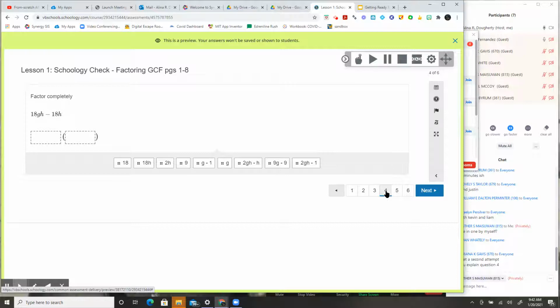What's 18gh divided by 18h? 1g. And then minus what? 18h divided by 18h is, anything divided by itself is 1 for sure. So you're going to have 18h on the outside of the parentheses and then g minus 1 inside the parentheses.